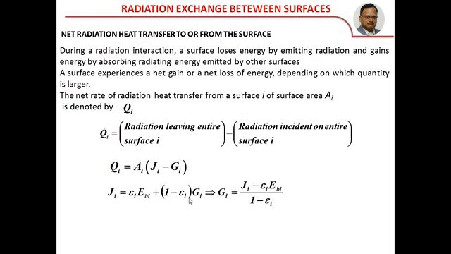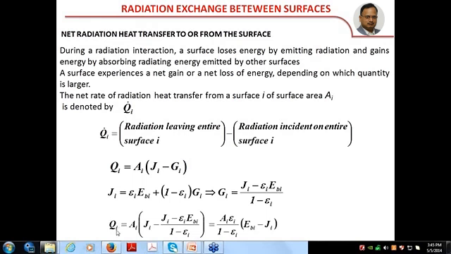And we know J is equal to epsilon E B plus 1 minus epsilon into G I, and hence G I can be written as J I minus epsilon I into E B I by 1 minus epsilon I.